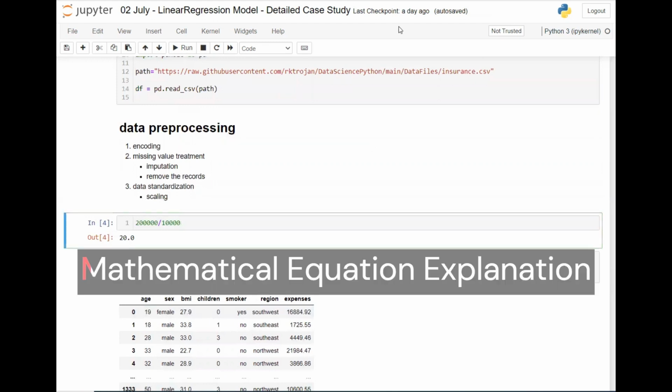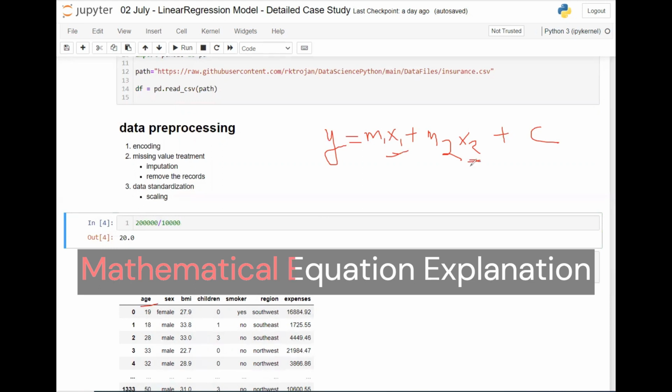See, go back to the mathematical equation: y = mx + c, right? Now consider that instead of one feature, you have two features, x1 and x2. Let's say x1 is age and x2 is salary.